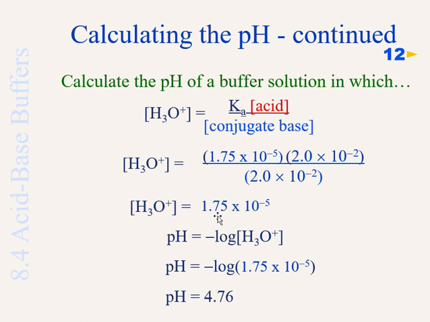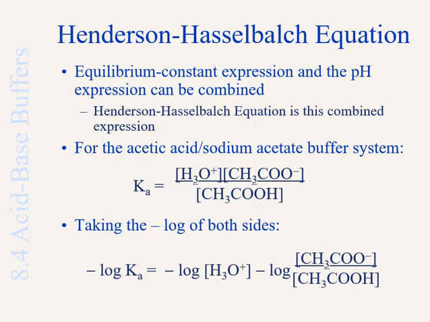So here the negative log of the H3O+ concentration gives you a pH of 4.76. That allows us to use a version of the rearranged form of the equilibrium expression we saw, and we are going to look at it in more detail in the next video.